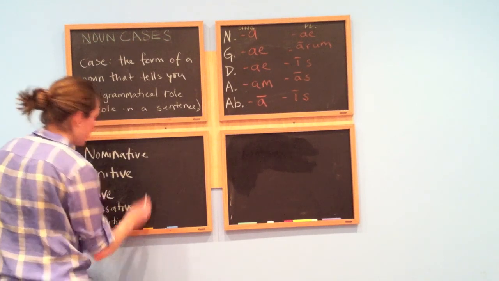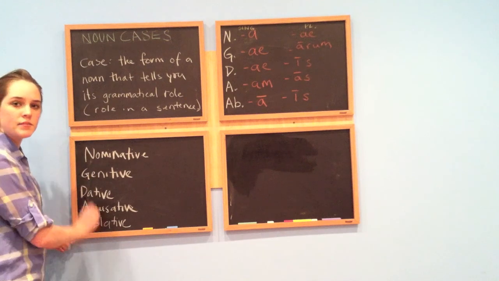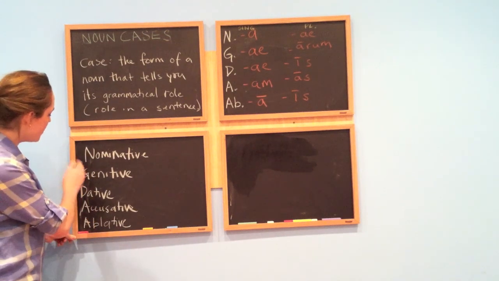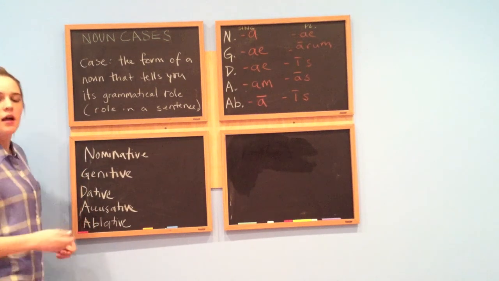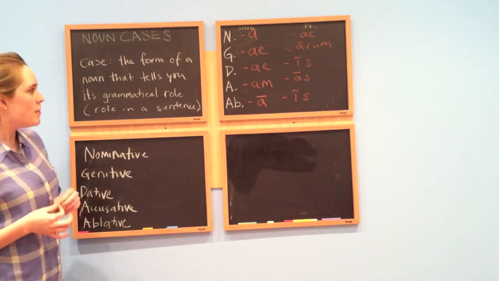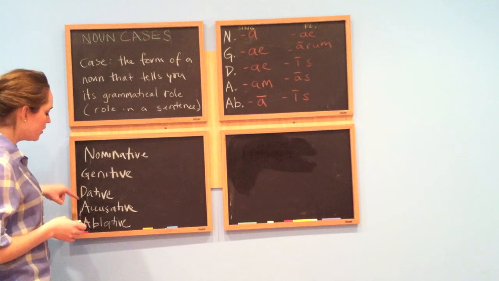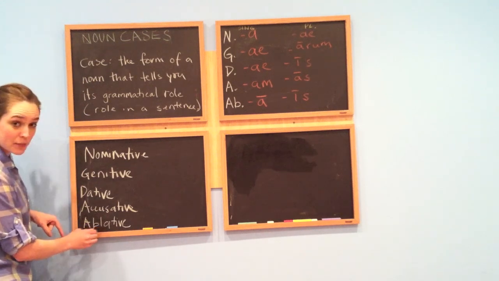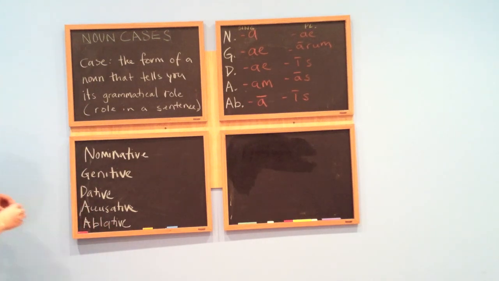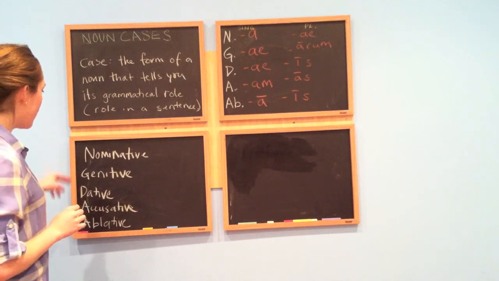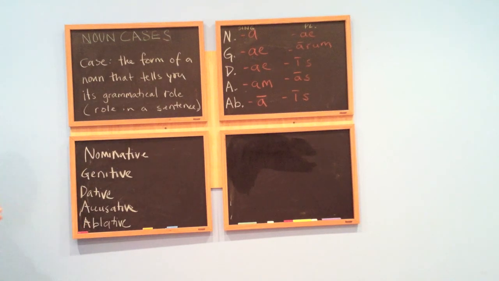This is the order we always write the names of the cases in, N, G, D, A, AB. And the mnemonic we use to remember that, if you want one, is never go driving alone, Abby. Get it? AB, Abby, haha. Okay, so never go driving alone, Abby.